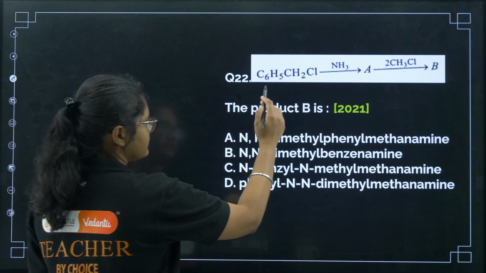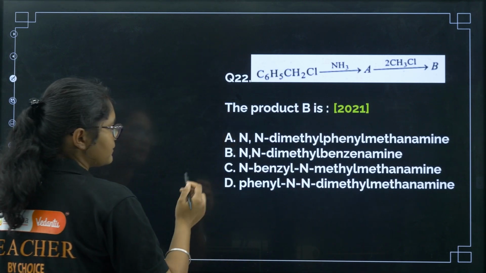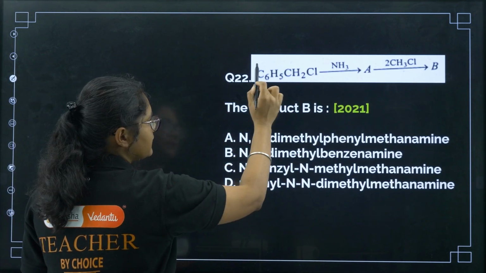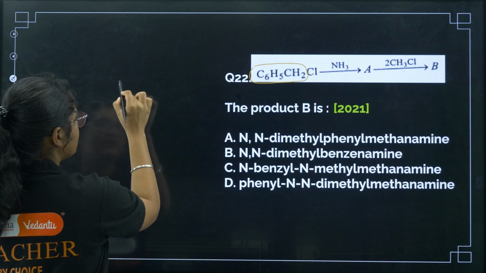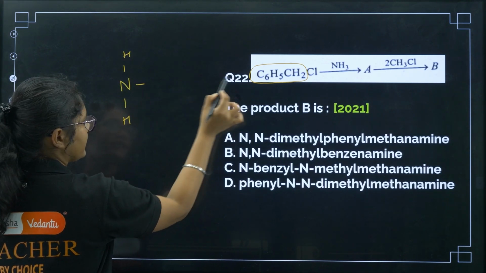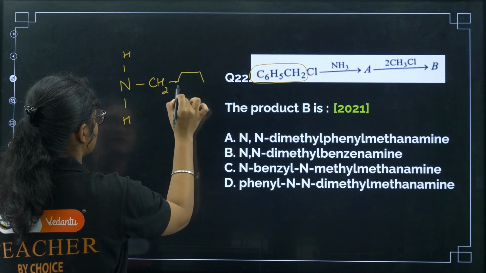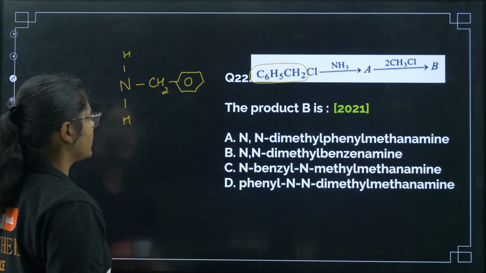Next, this is an ammonolysis question. C6H5CH2Cl is reacting with NH3, so one of the hydrogens will be replaced with this R group, right? So I'll get N, we have H, and the rest will be CH2C6H5.